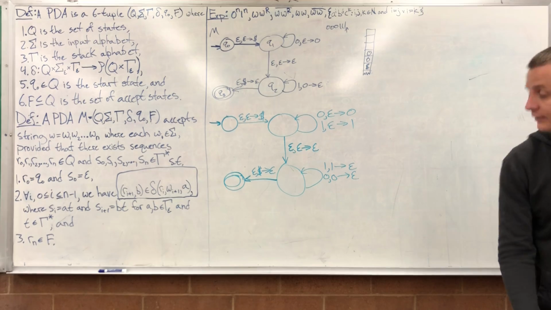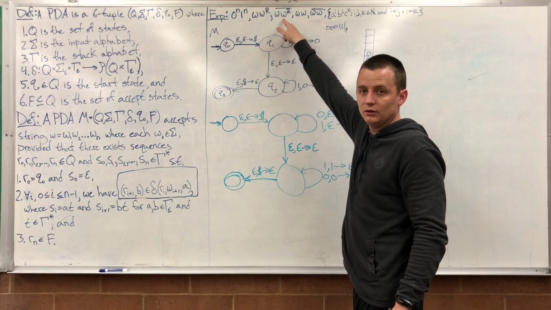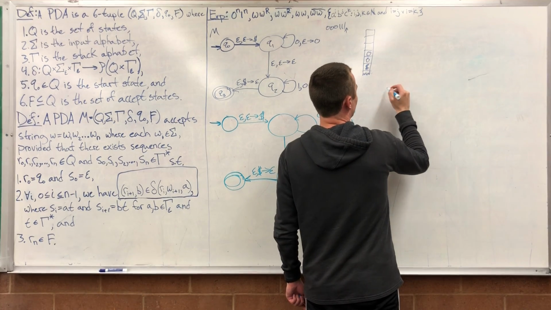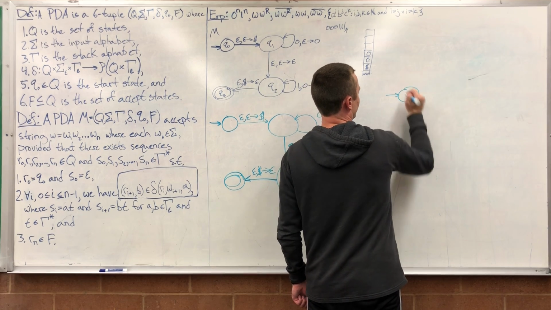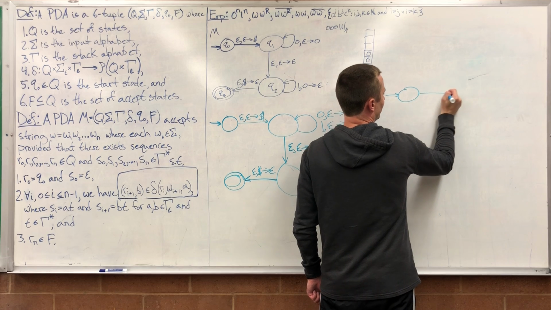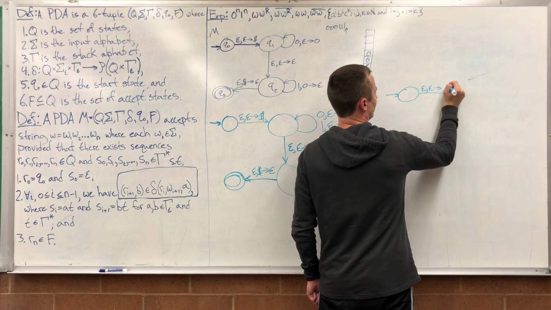So now we want to accept a set of strings that isn't in WW reversal. The first two states are going to look the same. So we'll start with a start state, and first we're going to want to read nothing, pop nothing, and push on a dollar sign.